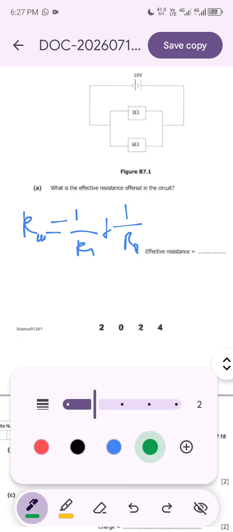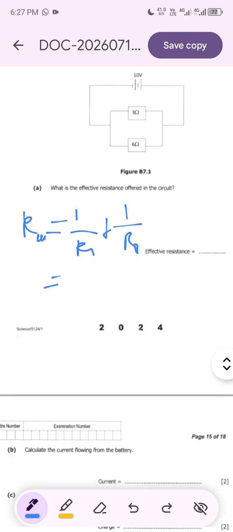So if we follow that formula, we just substitute resistance 1, we have 1 over 3, and then we can label this as R1, then this is R2. So 1 over 3 plus 1 over resistance 2, that's 6.